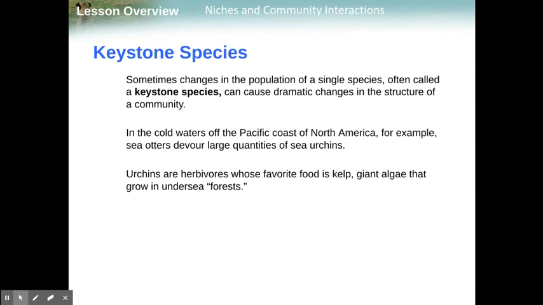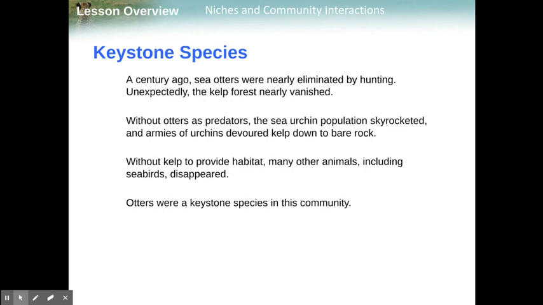If you read in your text, you'll read the example about sea otters and sea urchins, and that if the urchins are not going to have enough kelp, then they will subsequently die, and then the sea otters won't have a food source. A century ago, these sea otters were nearly eliminated by hunting, and because of this, the kelp forest nearly vanished because there was nothing eating the sea urchins.